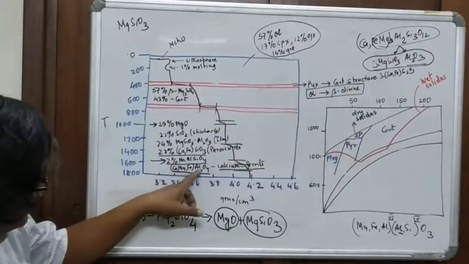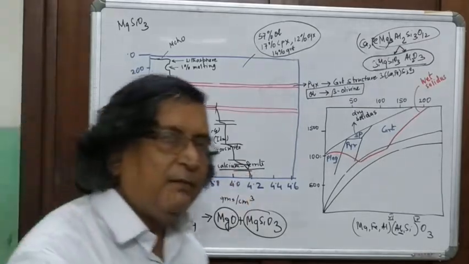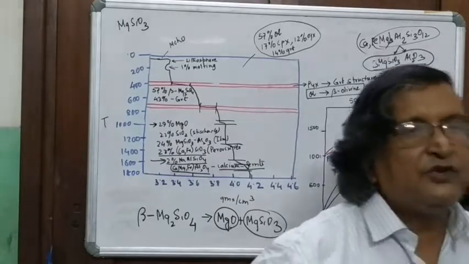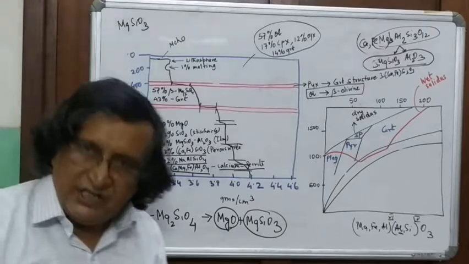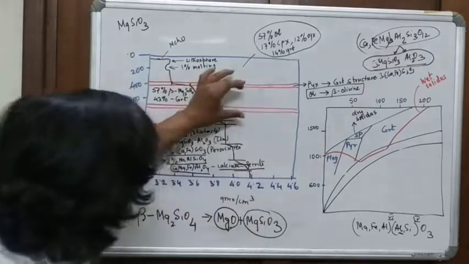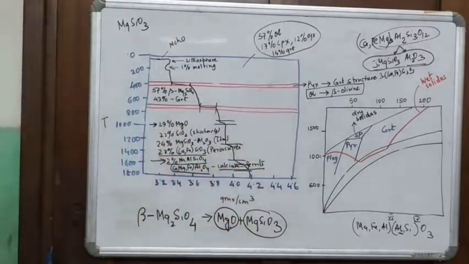And then you can break down your clinopyroxene to a calcium ferrite structure. You can read more about this if you are interested. There are many internet sites where they will explain it to you in a little more detail. But these are the main phase transitions, and this is the mantle mineralogy.